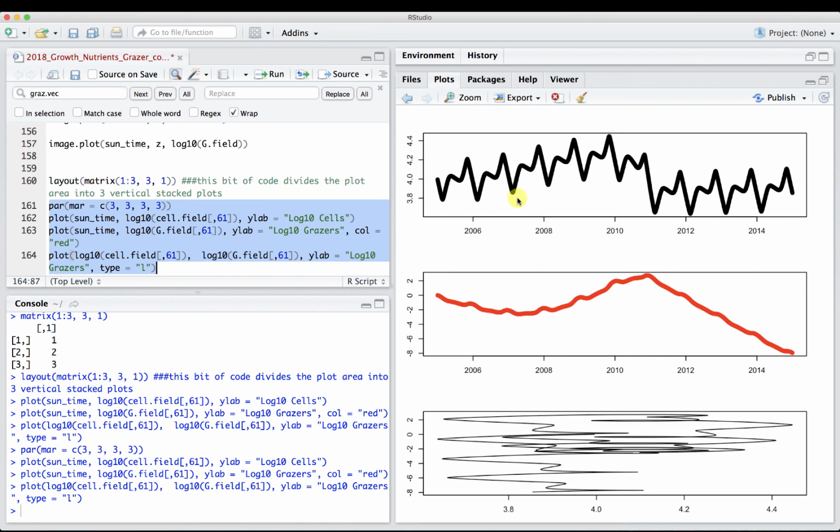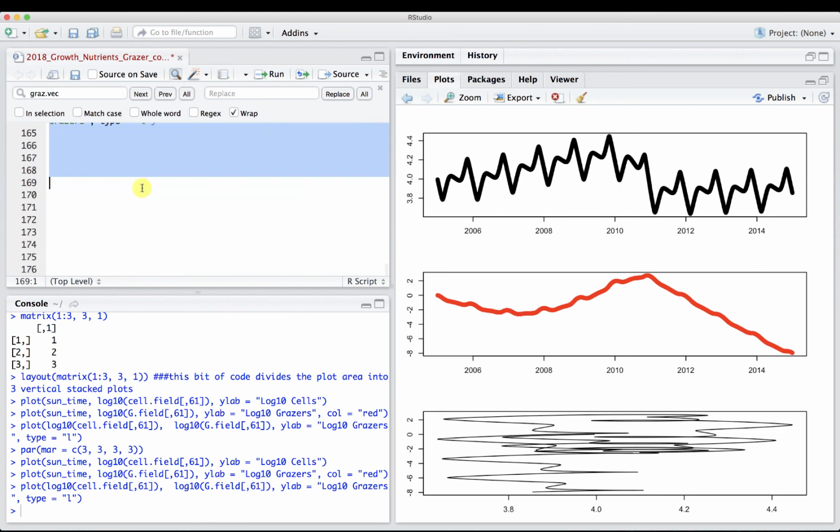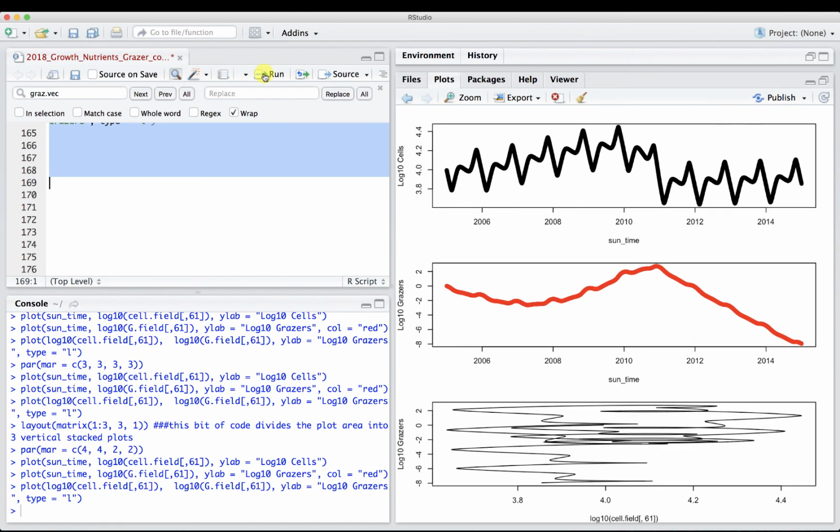Looks like we lost some of our labeling, so maybe we want to. So this is the bottom one, so let's do that 4. Bottom left margin 4. Top margin, let's make that 2. Right margin is 2. It's a little nicer, a little bit nicer.